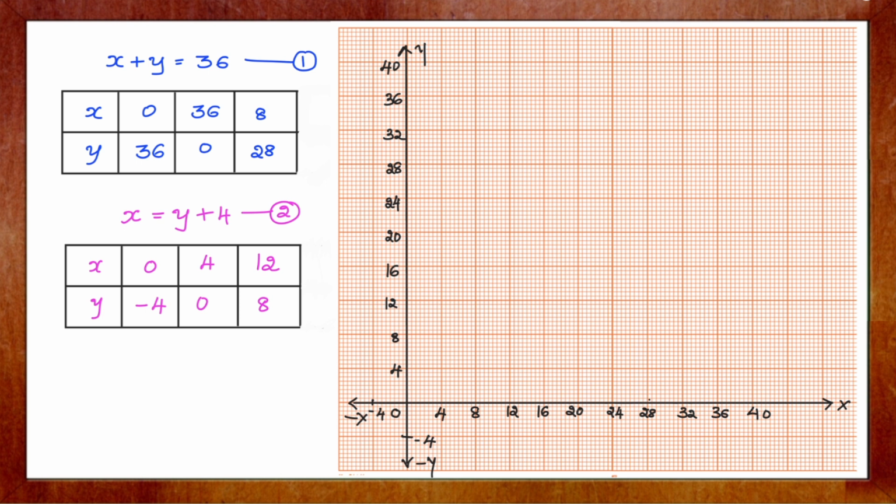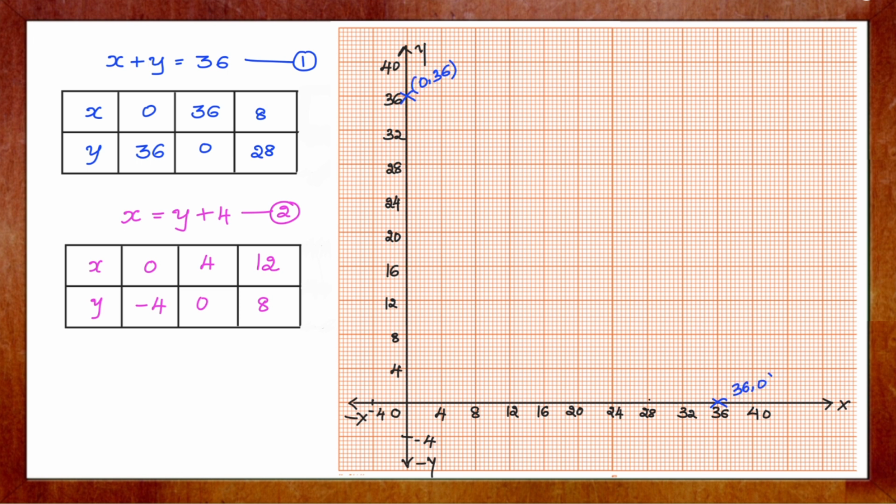Now plotting the values for the first equation, when x is 0, y is 36. So this 36 we plot on the y-axis, and when y is 0, x is 36. So this is the 36 on the x-axis. This point is 36, 0, and the first point that we marked here is 0, 36.